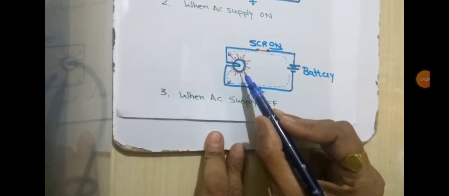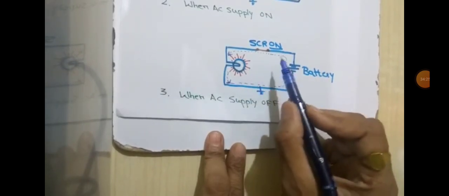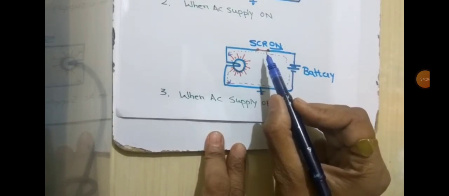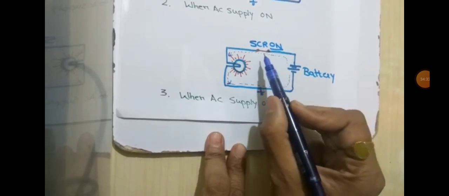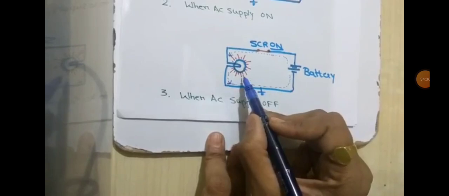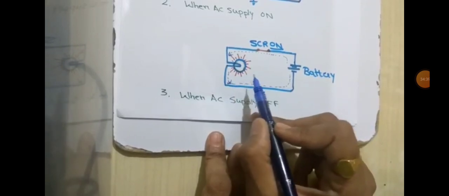Whenever there is a failure of the input AC voltage, the battery is connected to the lamp through the static switch, that is the SCR, and hence the SCR is on, which connects the battery and the lamp glows.